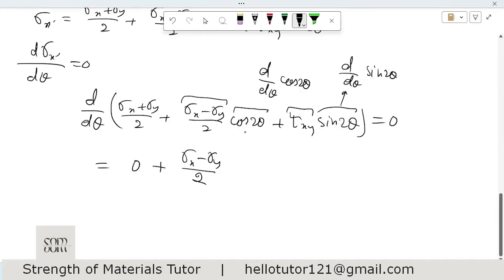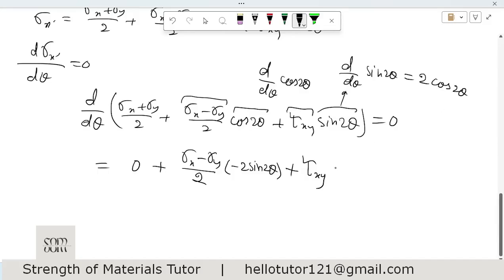Now what is the differentiation of cosine of 2 theta? From trigonometry, or calculus, we know it is minus 2 sine of 2 theta. Then tau xy will stay outside because it is constant. Then what is the differentiation of sine 2 theta? From calculus we know it is 2 times cosine of 2 theta.